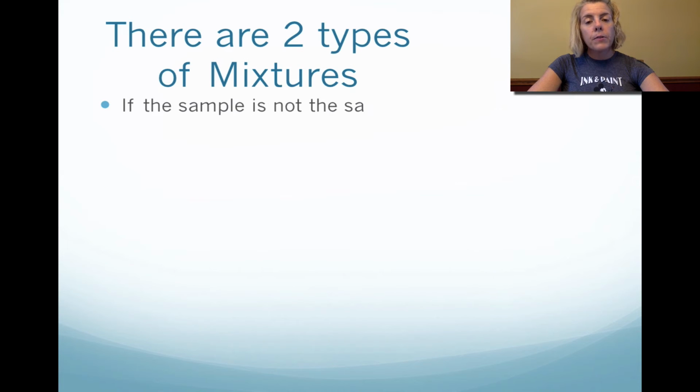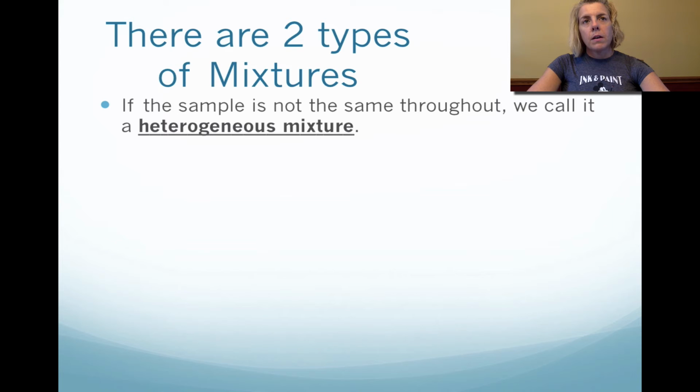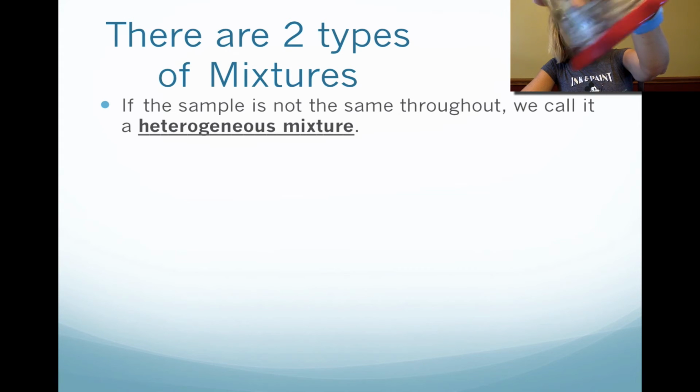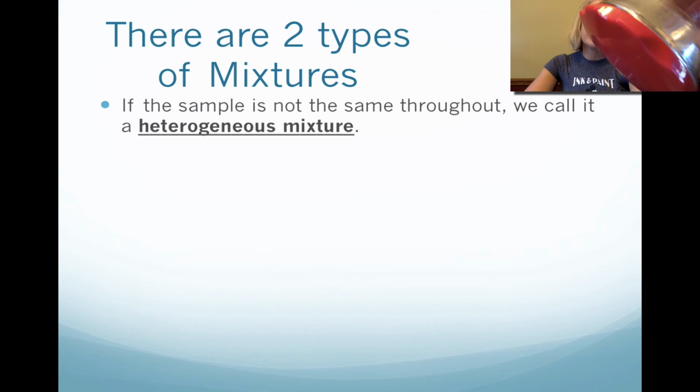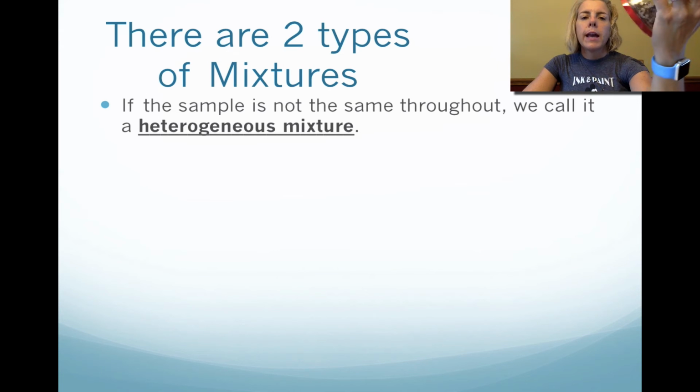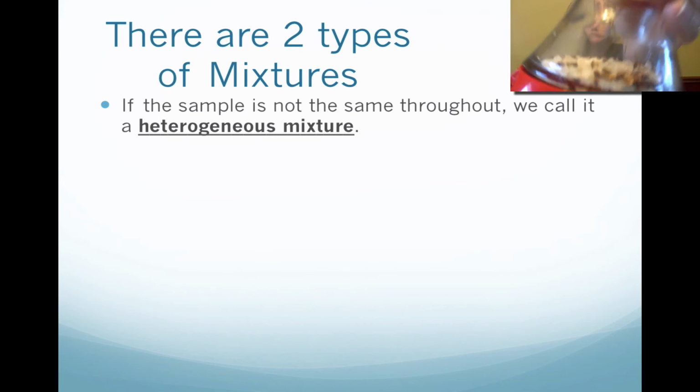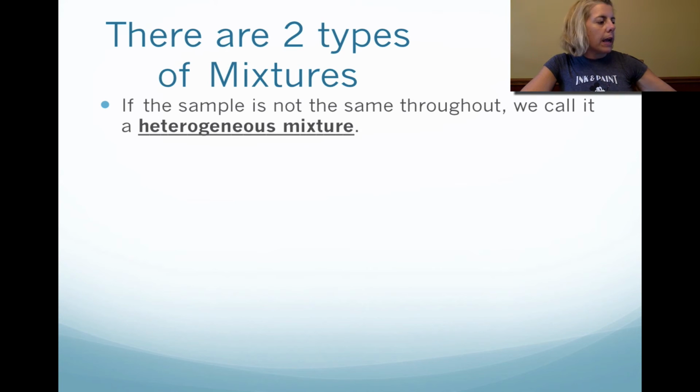Okay, now, if for some reason the sample does not have the same composition throughout, it is heterogeneous. An example of this: my husband likes to make Szechuan pepper, and he uses peppercorns and combines it with sea salt. And this is a heterogeneous mixture. So you can physically separate out a heterogeneous mixture.